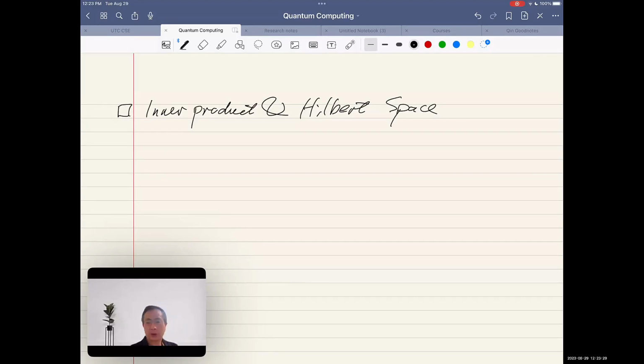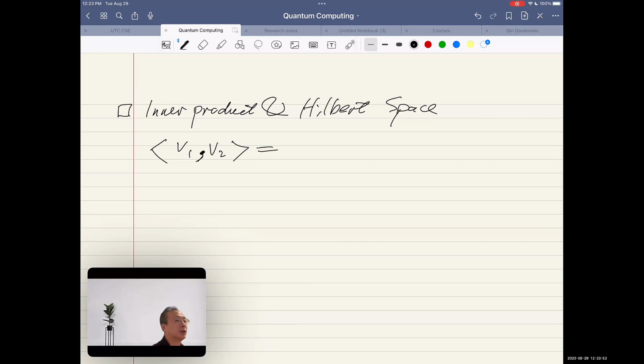So the symbol we use for the inner product is this triangle bracket, V1, V2. Sorry, that's a comma.